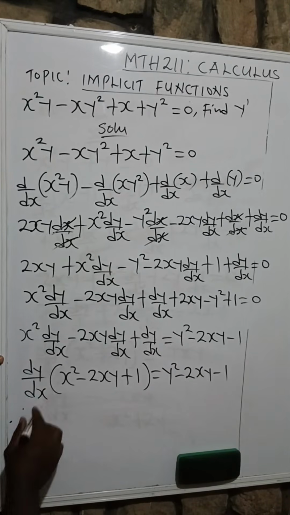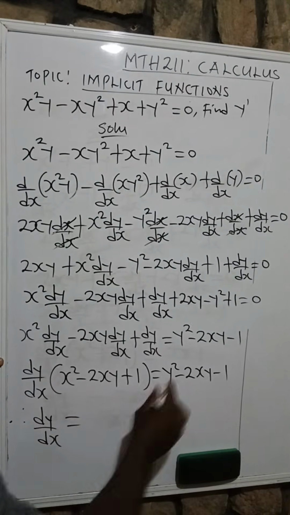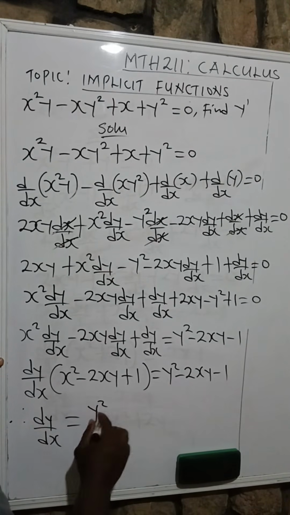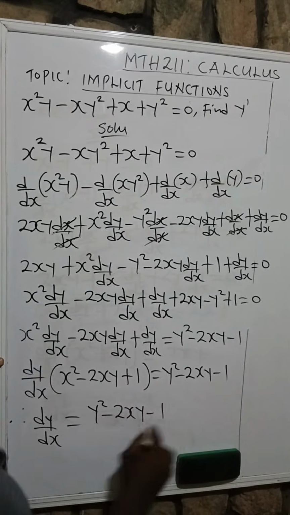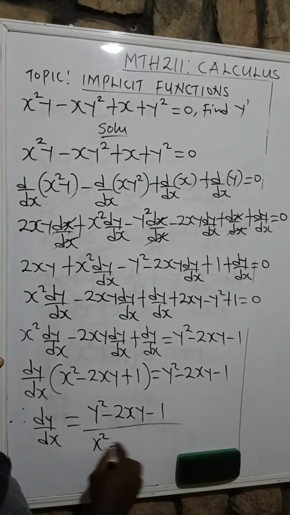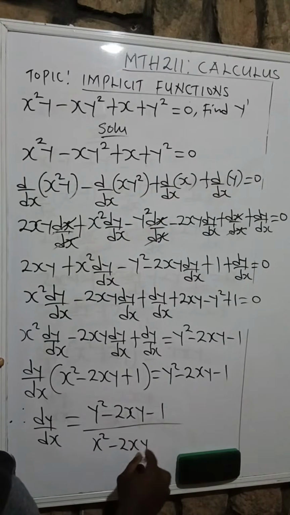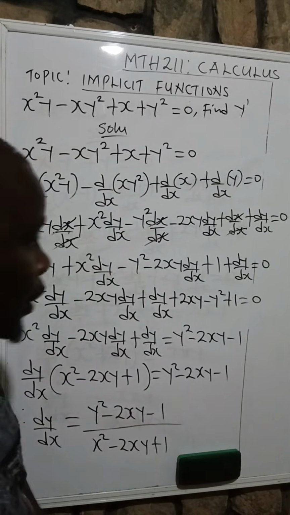Therefore, dy all over dx now equals y squared minus 2xy minus 1 all over x squared minus 2xy plus 1. Amen. This is our final answer.